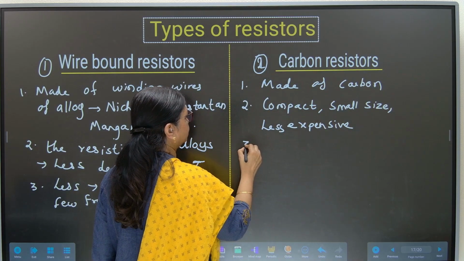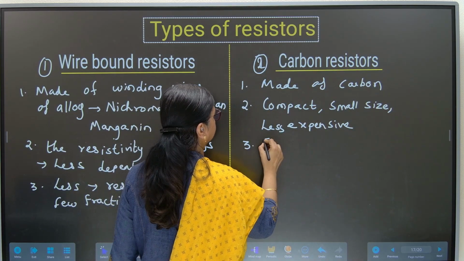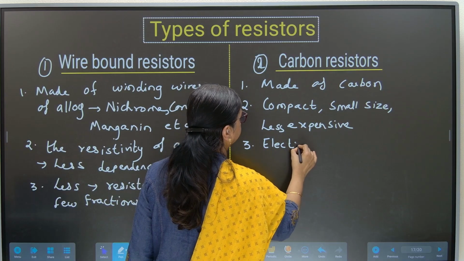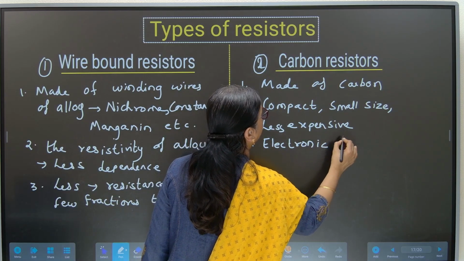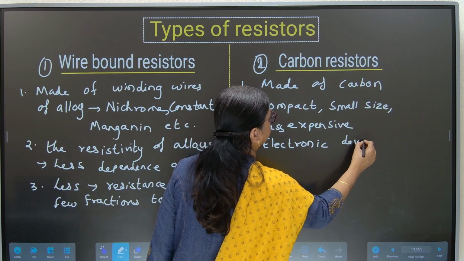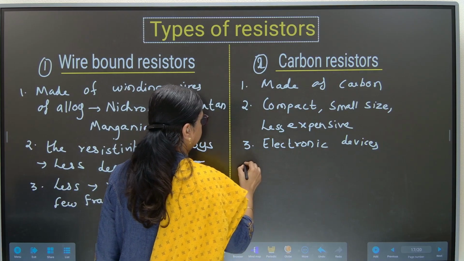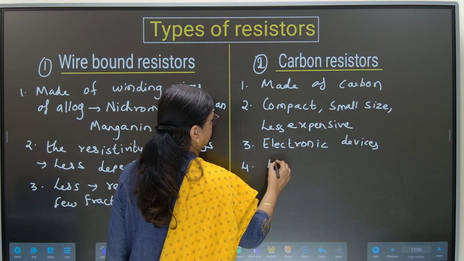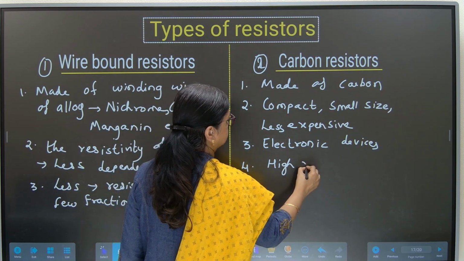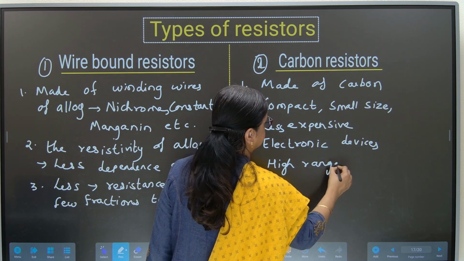That's why they are used in compact electronic devices. Their range is high range resistors.